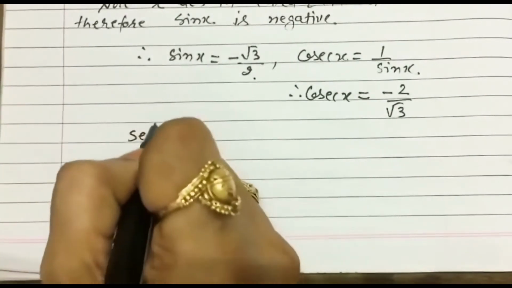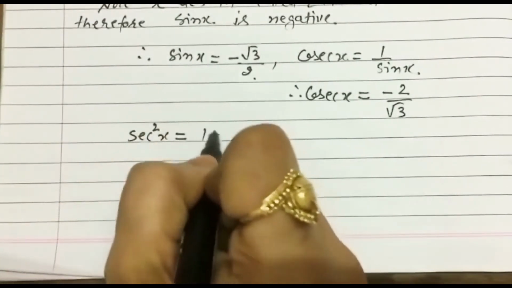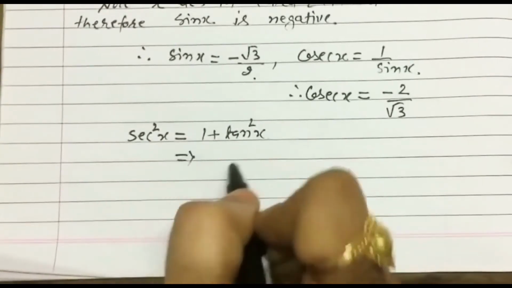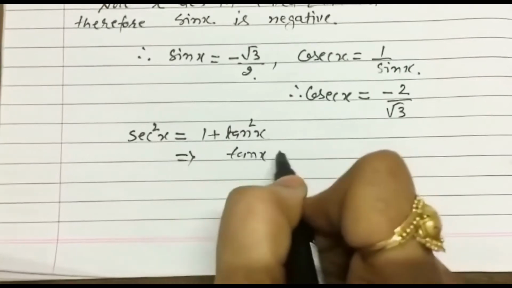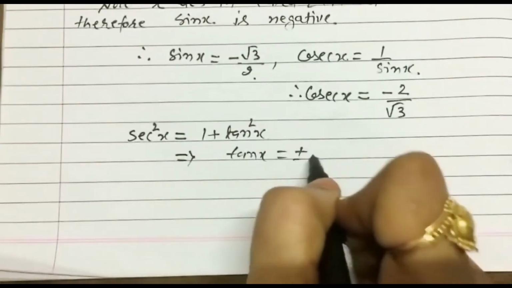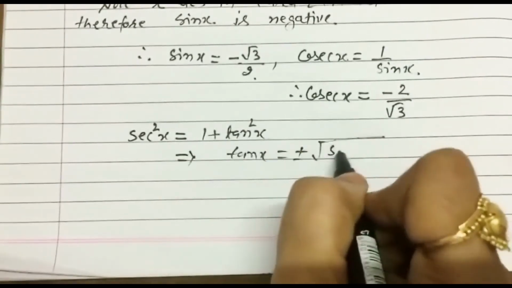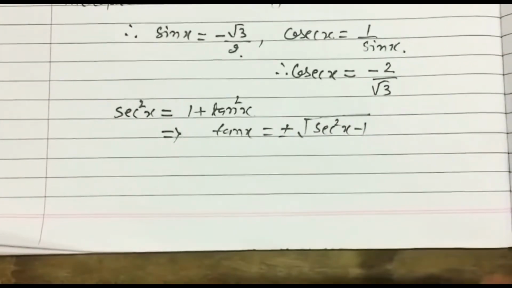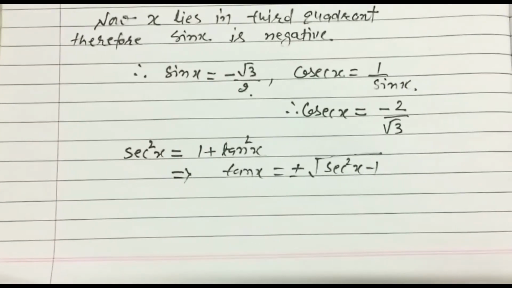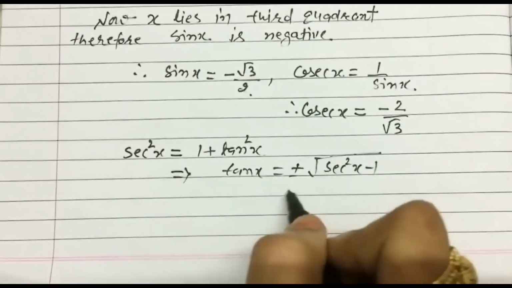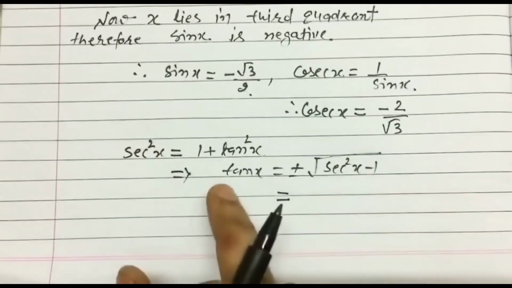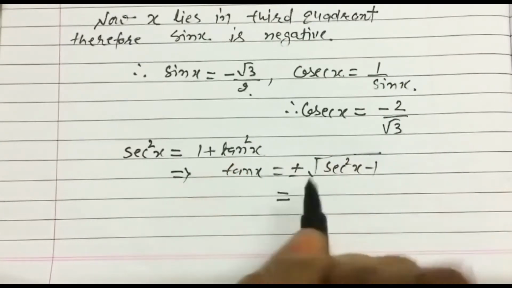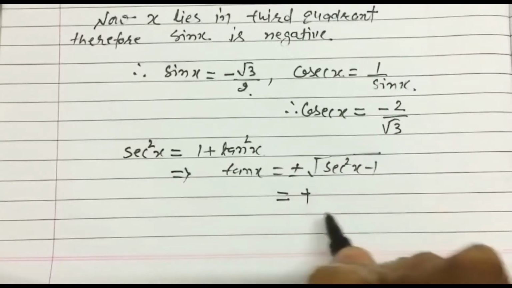Sec square x is equal to 1 plus tan square x. So to find tan x, it is plus minus root of sec square x minus 1, or you can apply tan x is equal to sin x by cos x. And tan x is positive in the third quadrant, so take only the plus value.